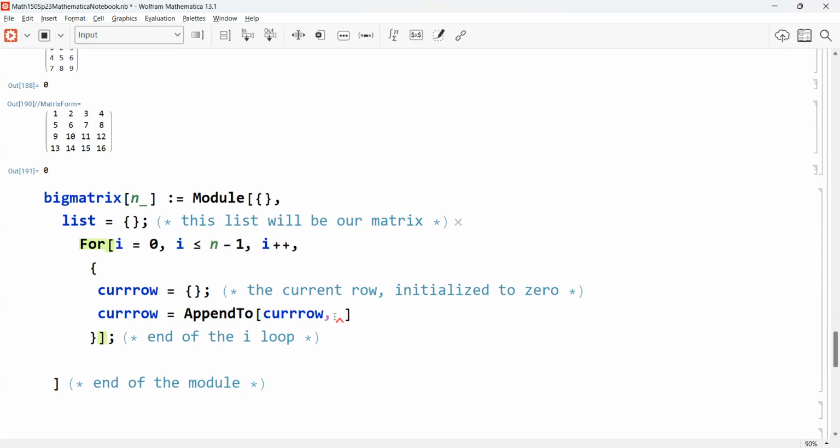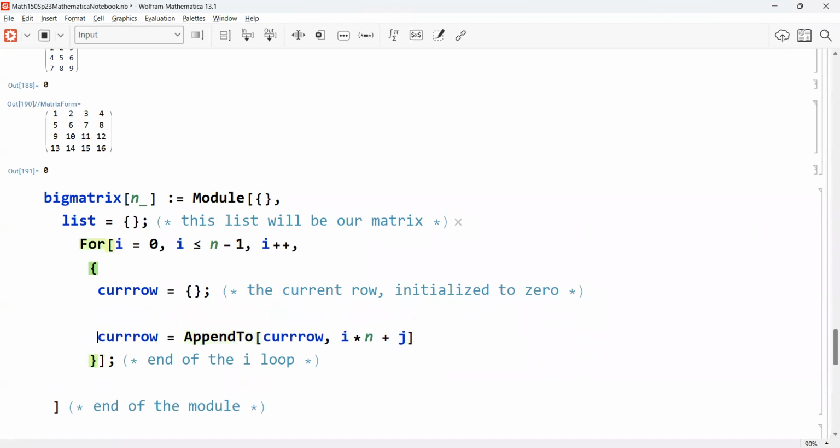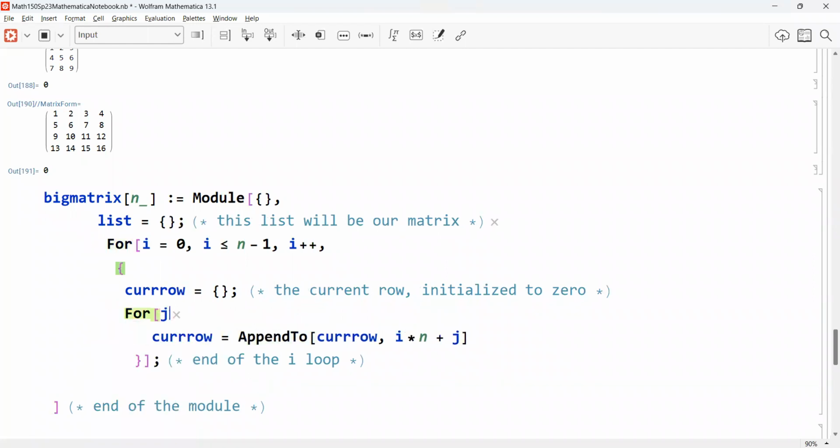So I'm going to add i times n plus j. And so this is going to be a for j equals 1, j less than or equal to n, j plus plus.